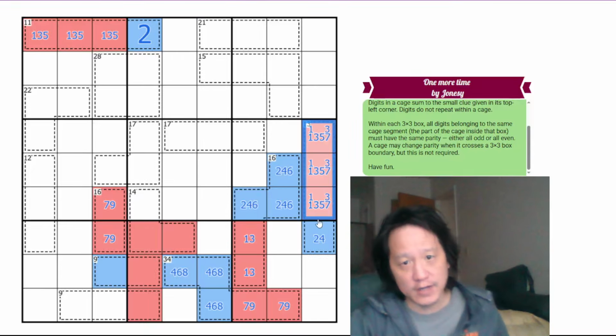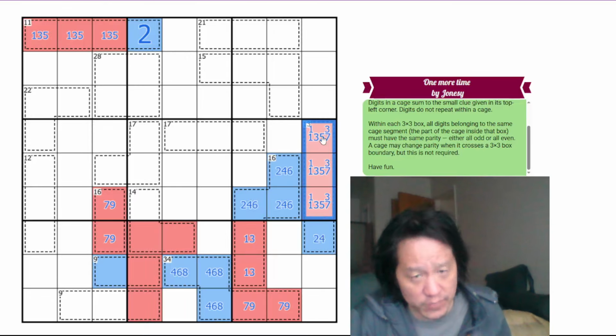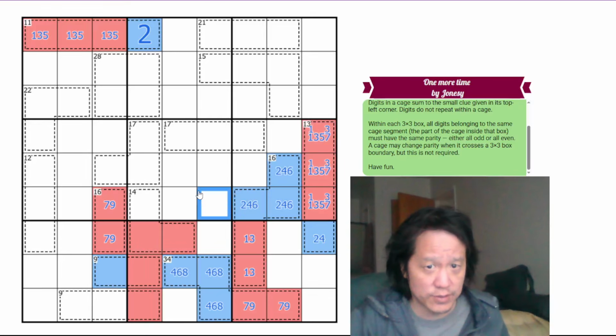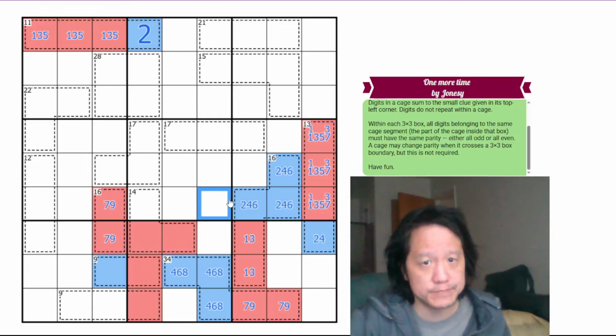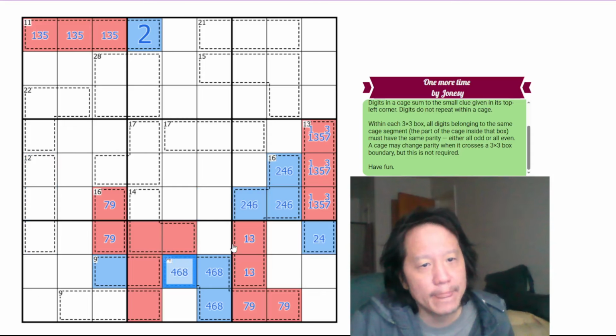It cannot be 1, 5, 7 because that already adds up to 13. Cannot be 1, 3, 9 because that already adds up to 13. So this is 2 or 4. This could be 2 odds and 2 evens. We don't know here.